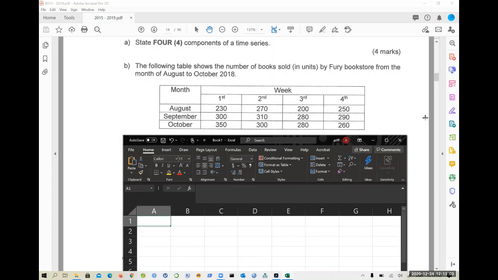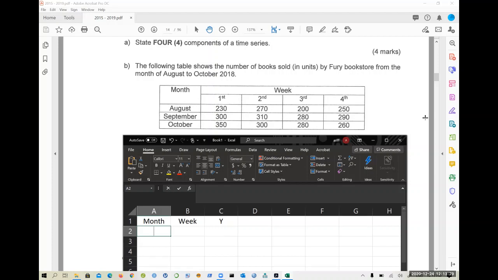So in this case, saya just letakkan dia punya columns dulu. So the headings of the column. The first one will be the month, and then you have the week, and finally you have the Y, the book sold, right? Okay. So ini saya just letakkan Y je lah. So you boleh letakkan book sold, tak ada masalah, right?